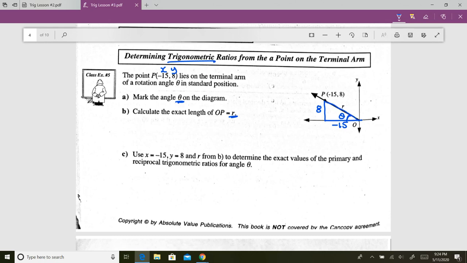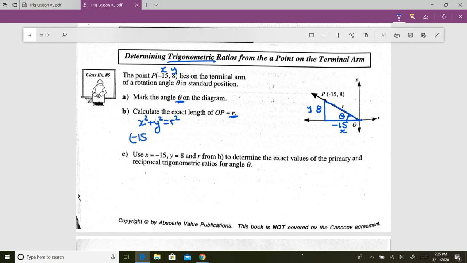Well, that is Pythagorean. Because we have x and y, I can just go x squared plus y squared. You could have done a squared plus b squared equals c squared, but the nomenclature for trig now, if you're on a unit, well, what we'll get to is a unit circle, it'll be x and y. Doesn't matter if you use a squared or b squared, I don't care.